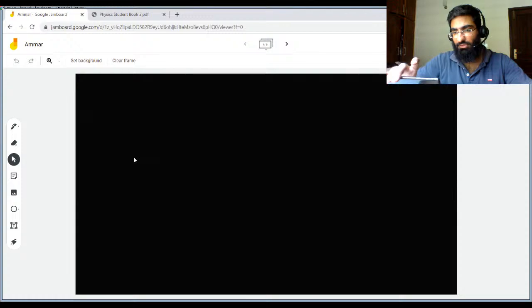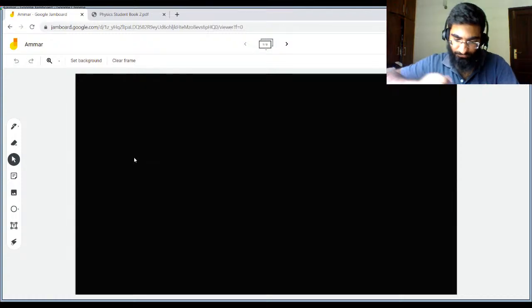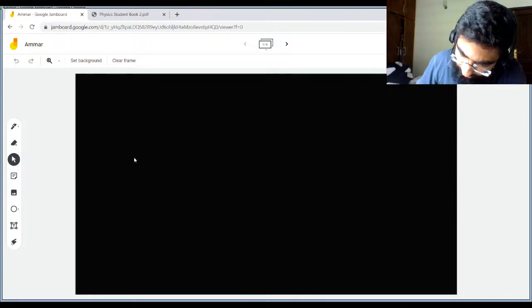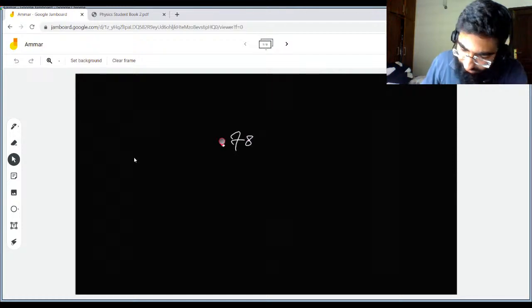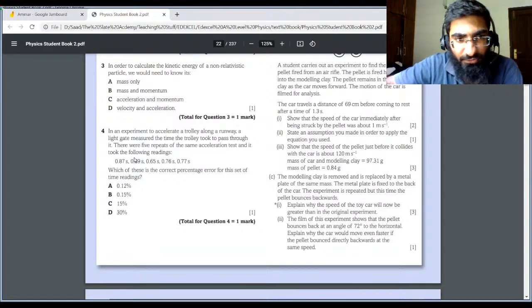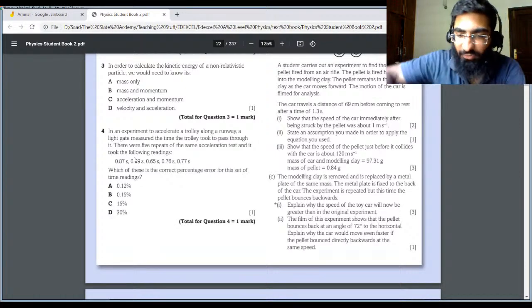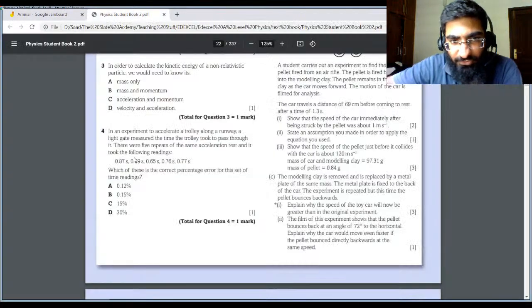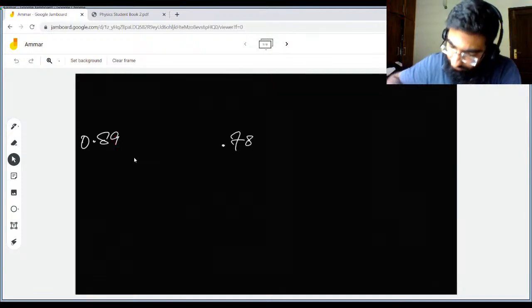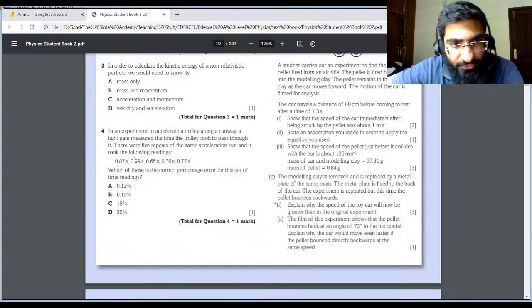What's the average value that you got? Average value is roughly 0.78. Okay, the highest value is what? 0.89, and the lowest value is what? 0.65. Okay, so now we have to calculate the percentage error for this set.